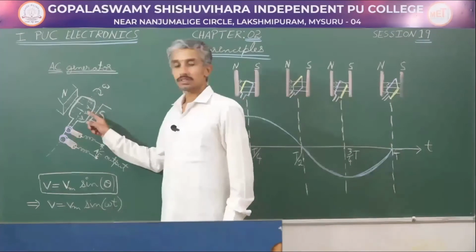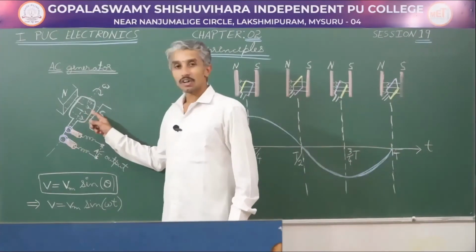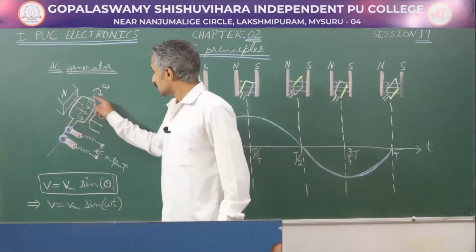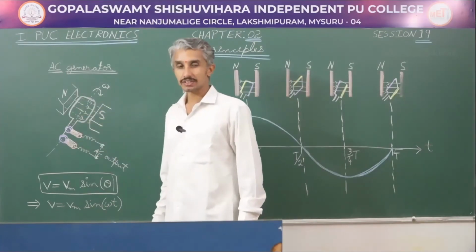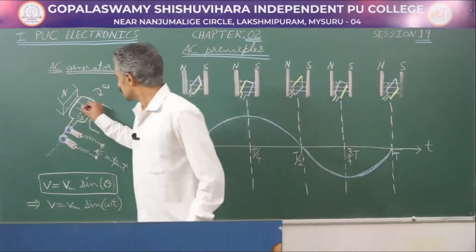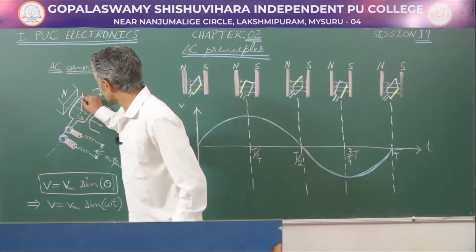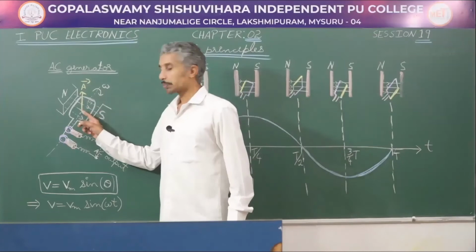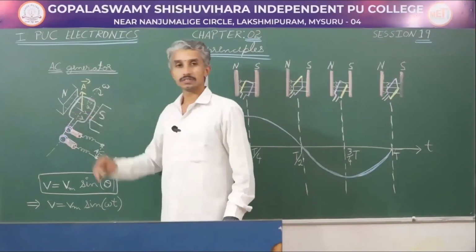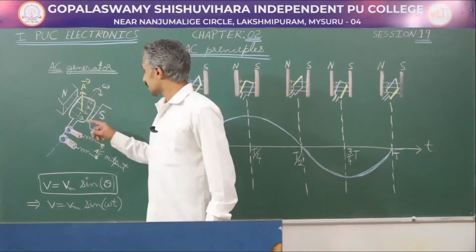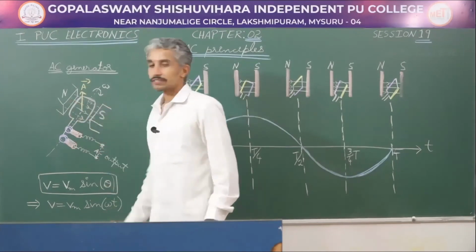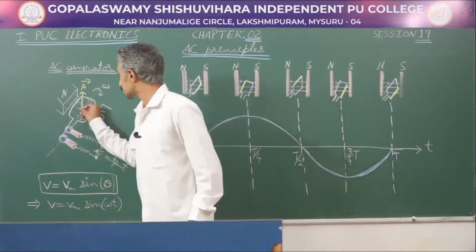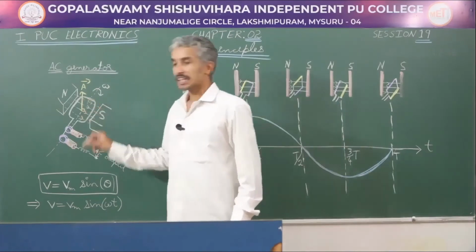Now, let us see how this rotation produces alternating current. If you have a plane surface, then according to physics, we draw an area vector A. The area vector is always perpendicular to the surface. The angle between this area vector and the magnetic field, in this diagram, is 90 degrees.